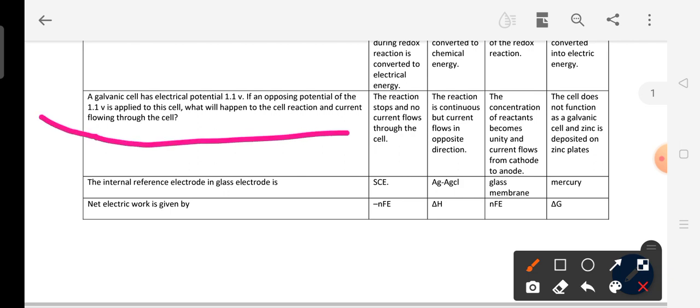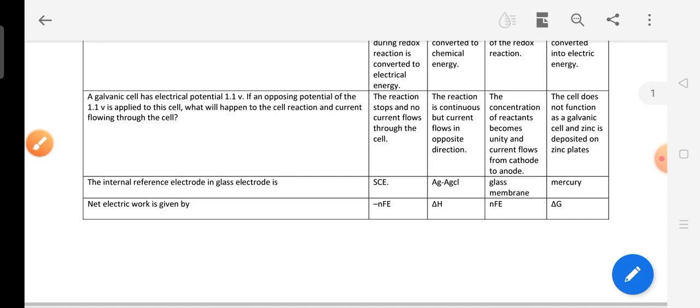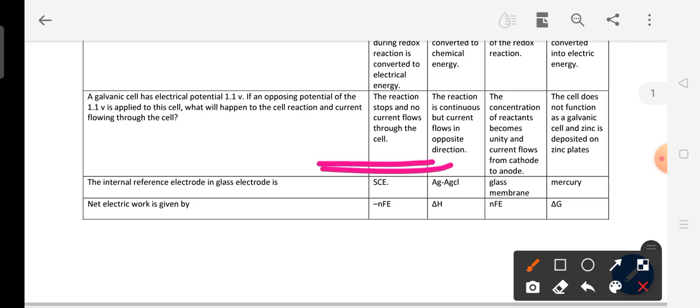Then the next MCQ: a galvanic cell has an electrical potential of 1.1 volt. If an opposite potential of 1.1 volt is applied to the cell, what will happen to the cell reaction and the current flowing through the cell? The answer of that question is that the reaction stops and no current flows through the cell.